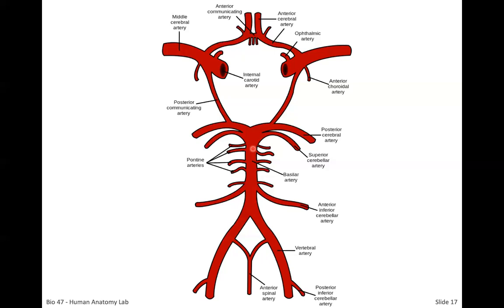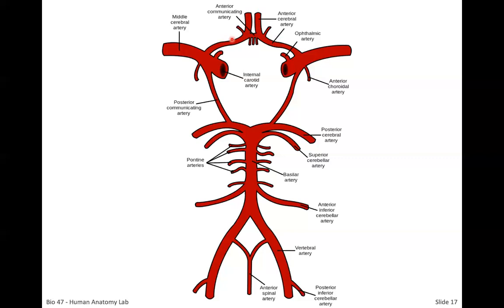From there, blood flows out to the brain through 3 pairs of arteries. The first one is the anterior cerebral arteries, and it's this sort of L shape right here. So this section right here is all anterior cerebral arteries. That's one. Now on the other side, this is another anterior cerebral artery.